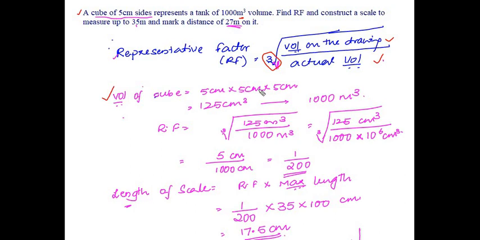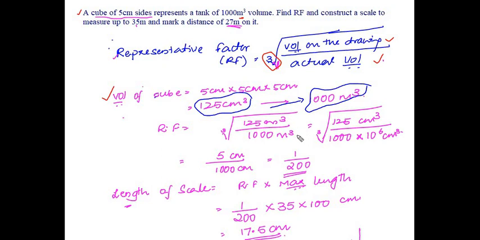So it's 5 centimeter into 5 centimeter into 5 centimeter. We have 125 centimeter cube, and this 125 centimeter cube is representing a tank of 1000 meter cube. Okay, so your RF will be cube root of 125 centimeter cube by 1000 meter cube.